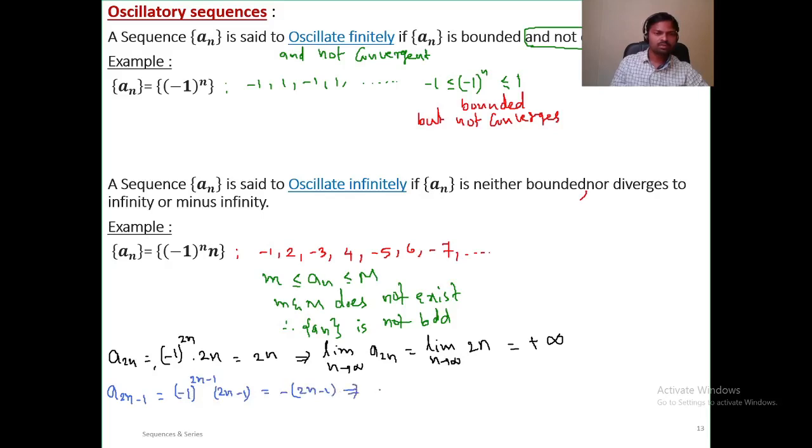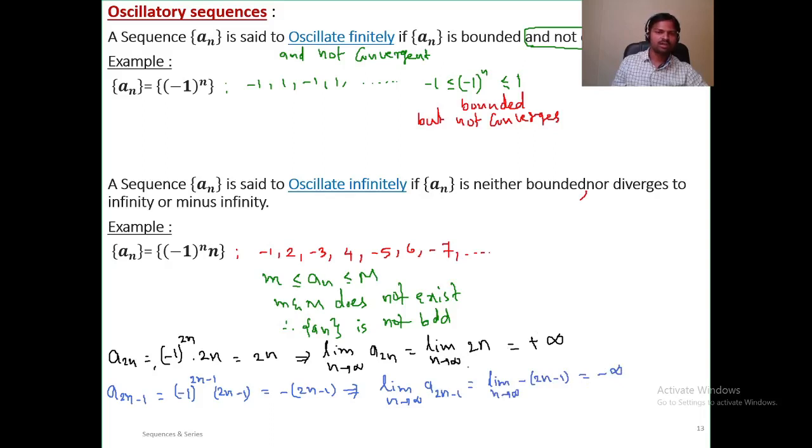That implies the limit as n tends to infinity of a_{2n-1}, which is the limit of minus (2n-1), is nothing but minus infinity. Plus infinity and minus infinity. Look at that, it is diverging to both.